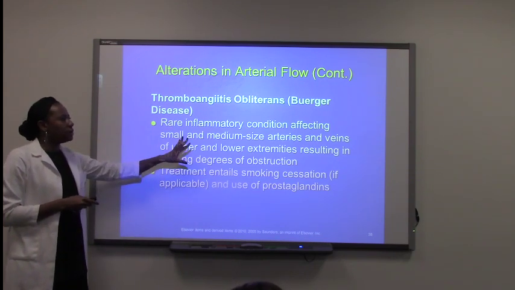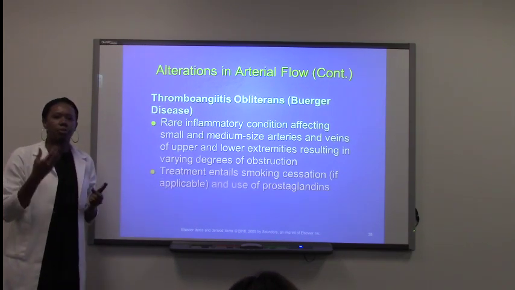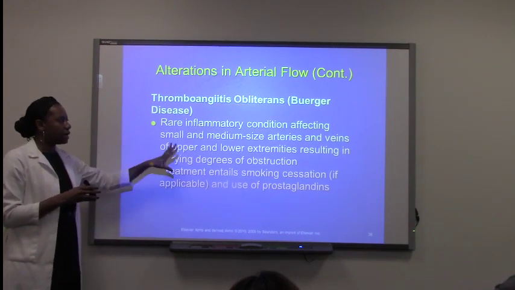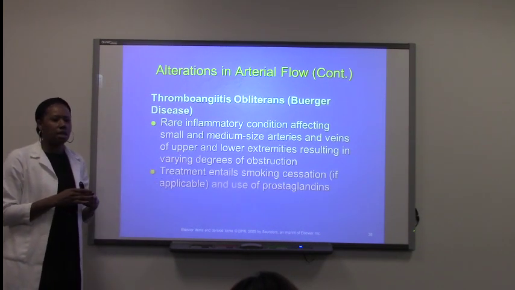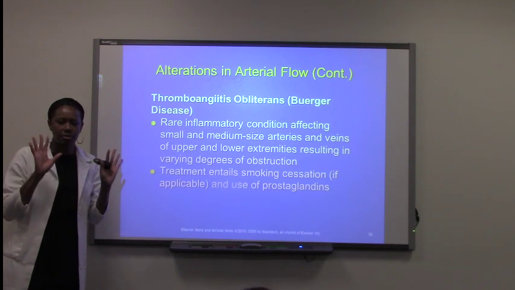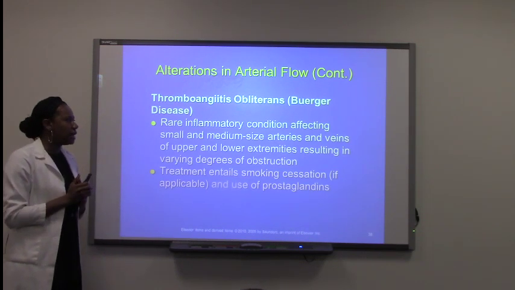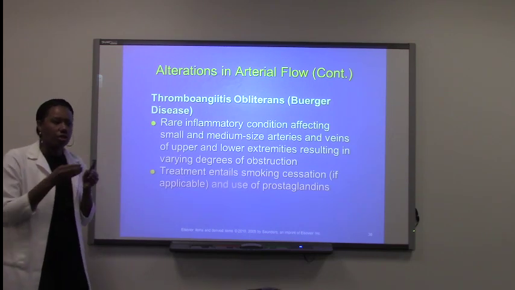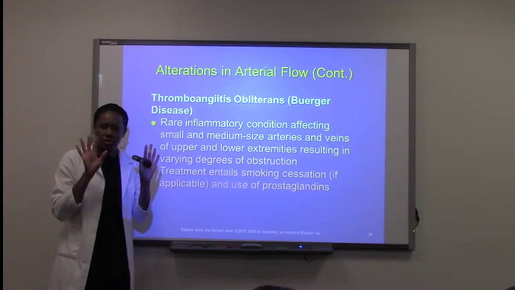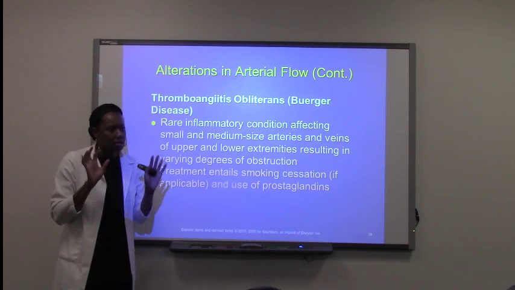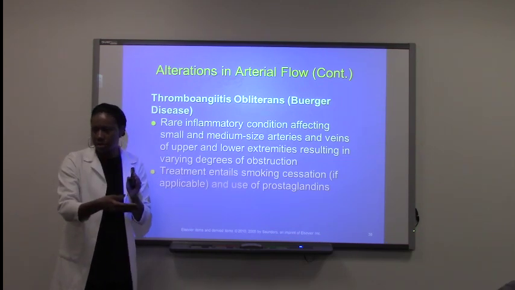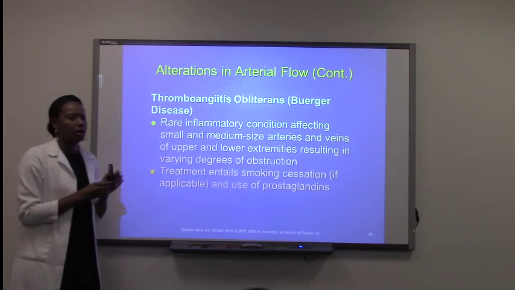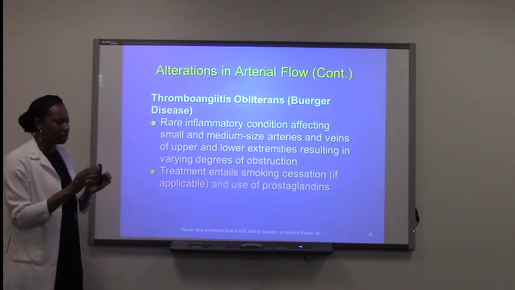But in any event, this is an inflammatory process that will actually affect the arteries and veins, and they say upper and lower extremities, but most of the time the fingers are more common. And it results in obstruction. So at any time you get obstruction of blood flow, as you know, the next thing that's going to happen is definitely ischemia, necrosis, all that stuff that we talked about, cell death.